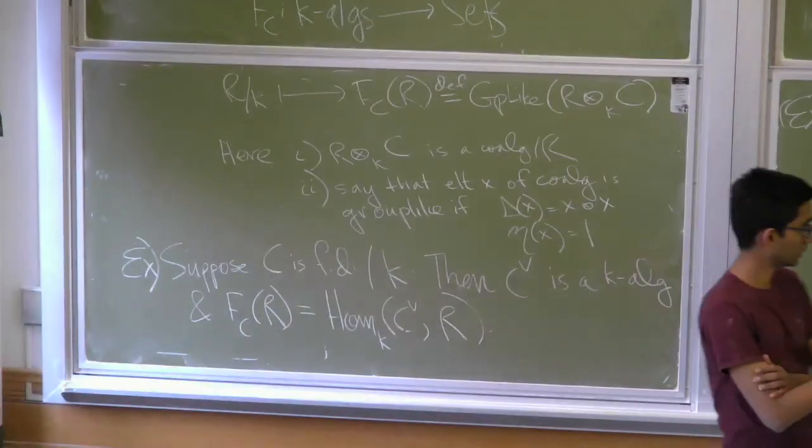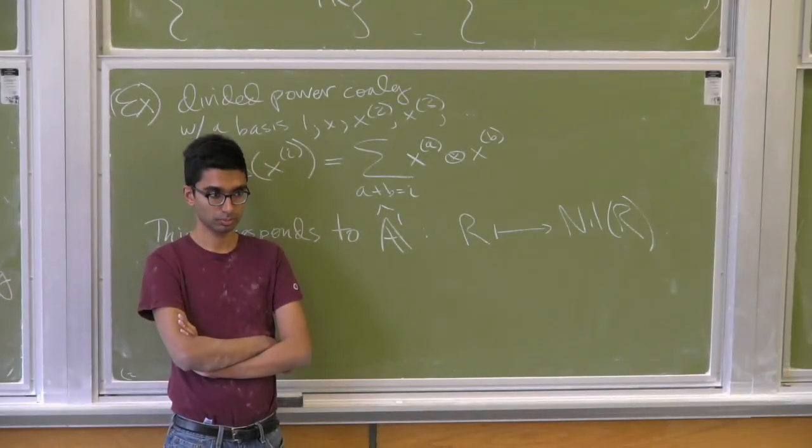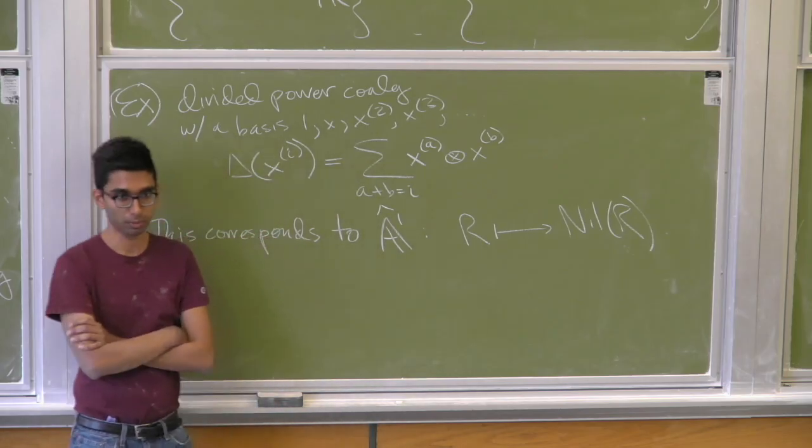So A1 hat is the functor which takes a ring R to the set of its nilpotent elements.